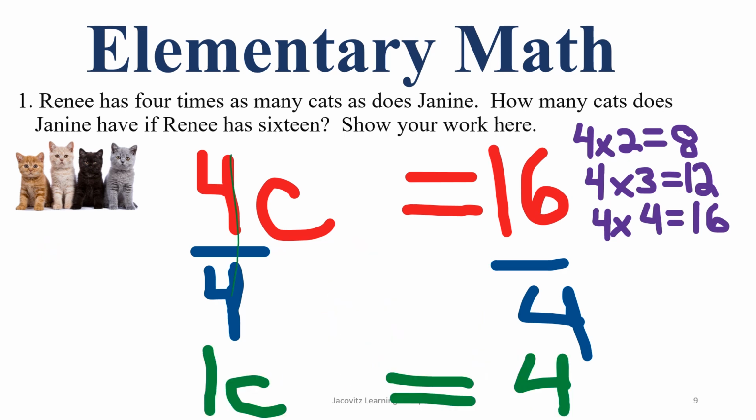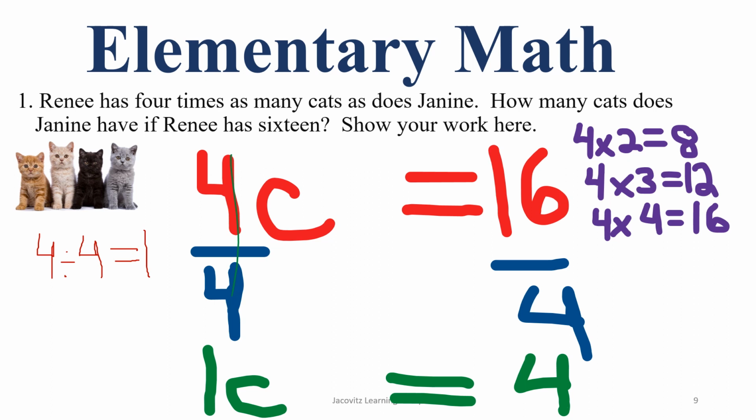Okay, so here we are back at this problem. You have now 4 divided by 4 equals 1. 1C equals 4. Where's this 1 coming from?